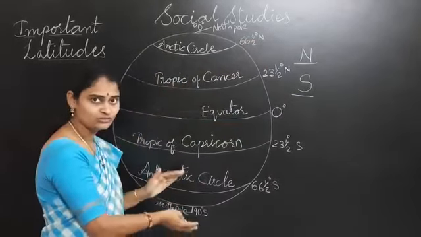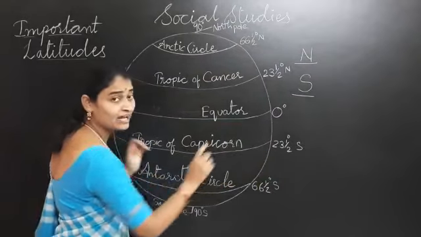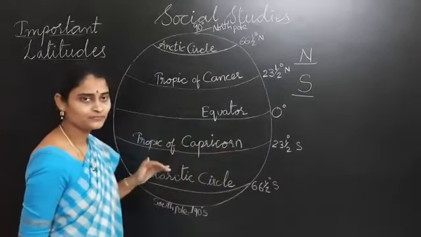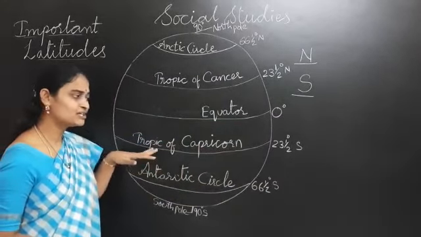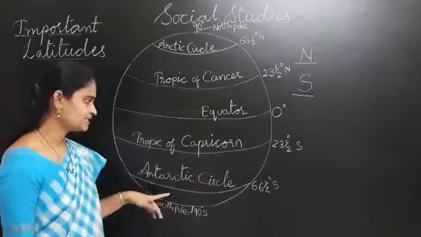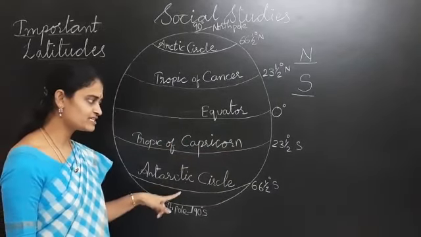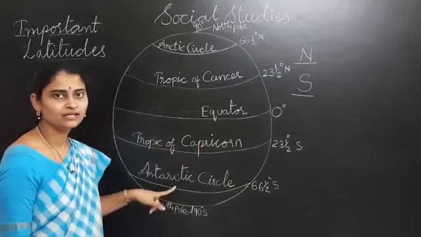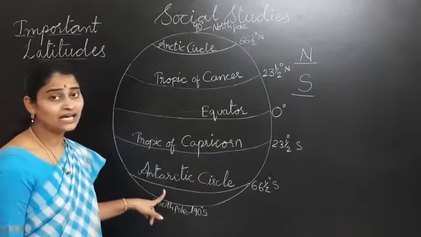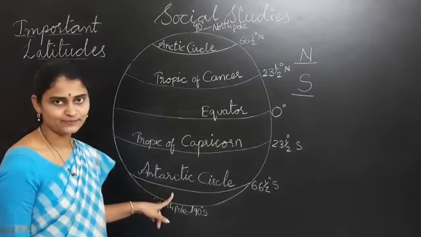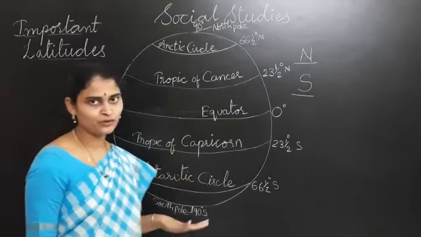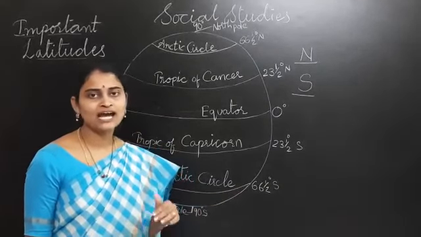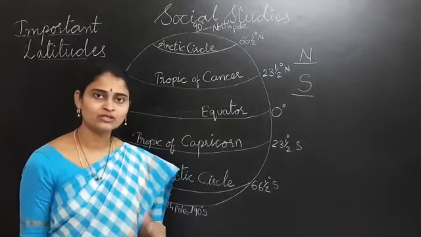Coming to the south, 23.5 degrees south latitude is named the Tropic of Capricorn. 66.5 degrees south latitude is named the Antarctic Circle. Children, these are important for mapping skills and also from the bit paper point of view.